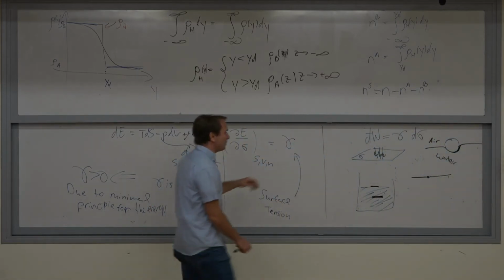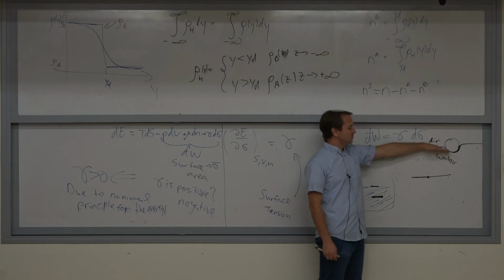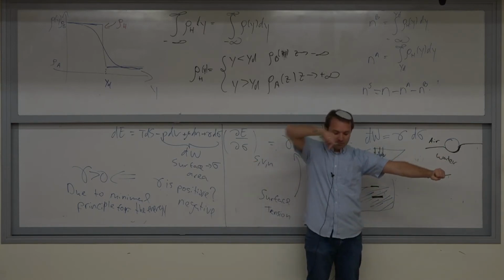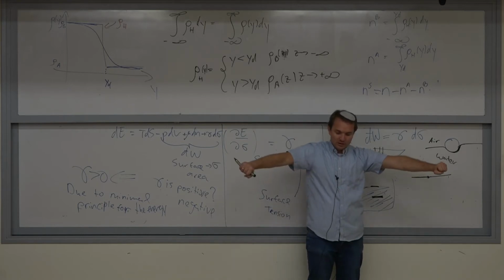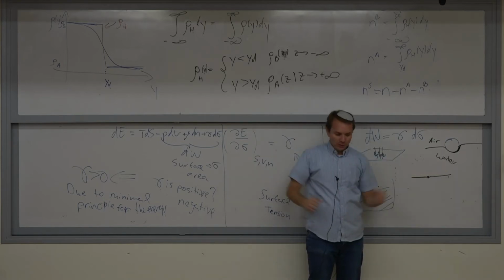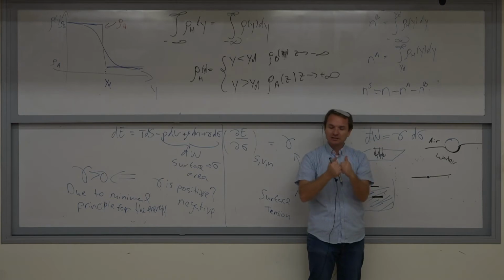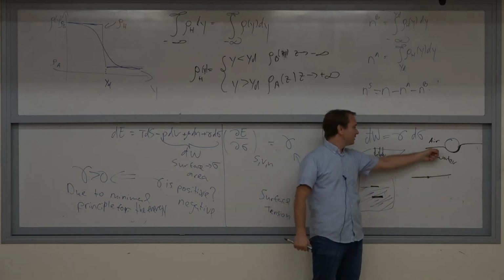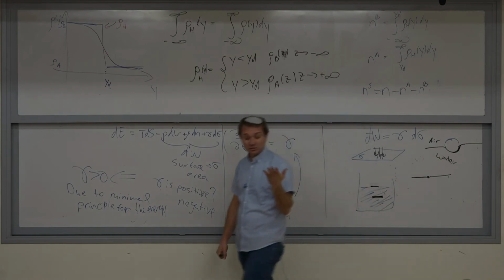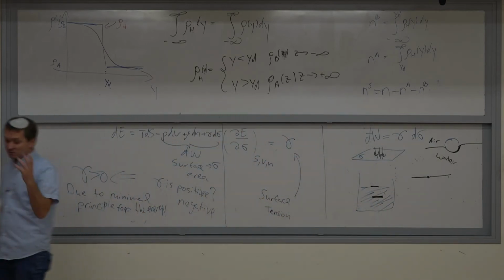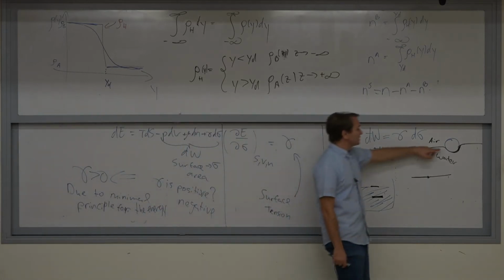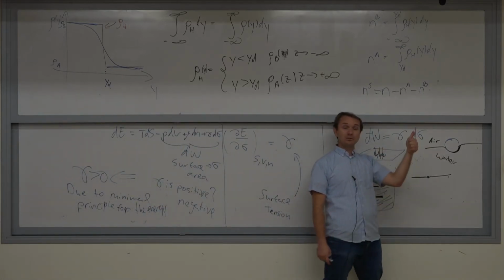But what happens? I try to bend this water. So think about a string. I have a string. I am pulling it, and then I'm trying to push in the middle. What will the string try to do? It will push backwards because it doesn't want to change. It doesn't want to increase its size. This is what happens to the interface, to the surface. Although there are molecules, this is not a string, but the surface will try to push backwards.